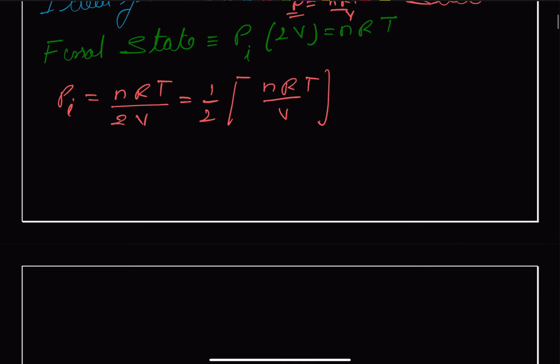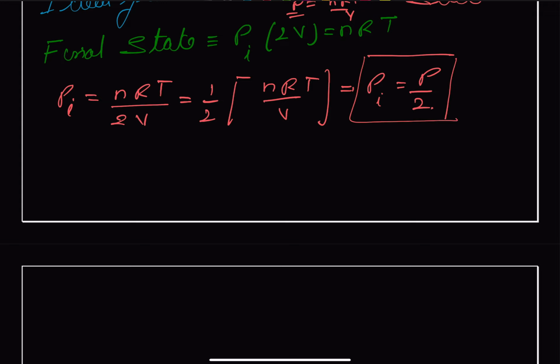Therefore, the isothermal pressure after the expansion is Pi equal to initial pressure divided by 2. So this is the relationship between the two pressures.